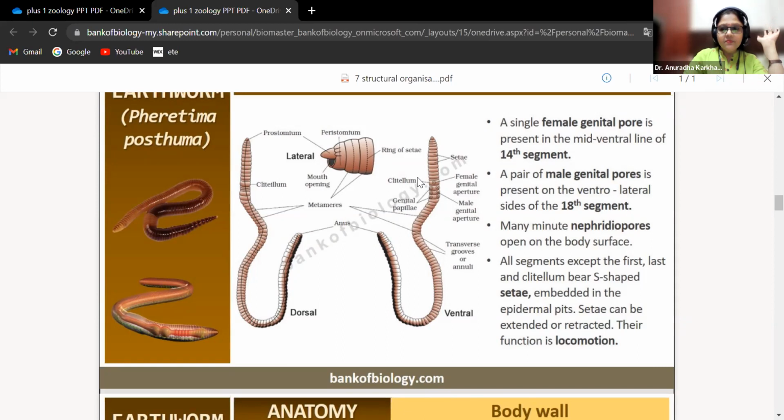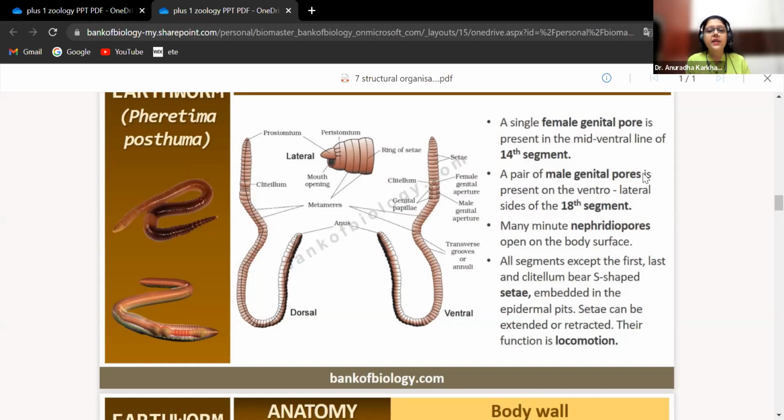Okay, so please my dears, these are the key points. It is always present on the 14th and 18th segment. Whatever the length, the length doesn't matter, the segments matter. ठीक है? तो ये की पॉइंट्स आप लोगों ने नोट कर लिए बेटा. 5th, 6th, 7th, 8th, 9th पे क्या है, 14th पे क्या है और 18th पे क्या है. ठीक है? Many minute nephridiopores.